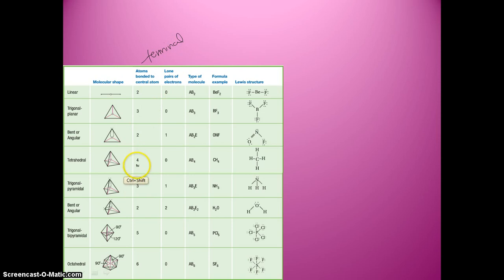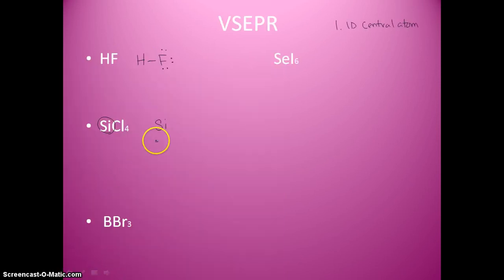There's only one structure that has 4; the rest have 6, 5, 4, and 2, 3, 2. So we know that this is going to be tetrahedral. We come back here knowing it's going to be tetrahedral. We know there's one up, one out to the side, one coming out at us, and then one going backwards.